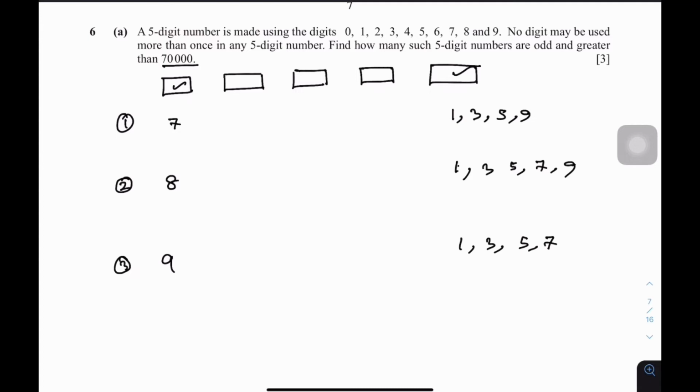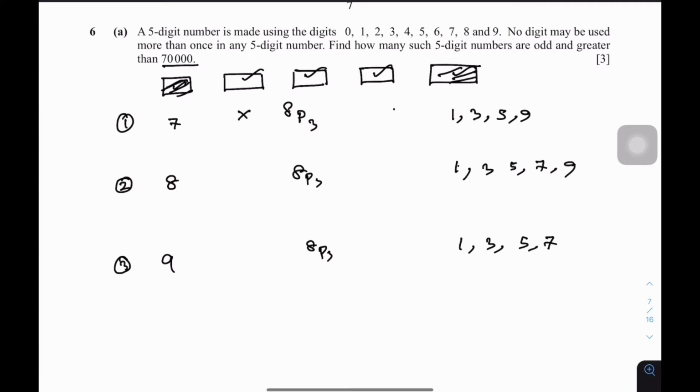Okay, so we fixed this position, we fixed that position. There are 8 more numbers. From these 8 numbers, we need to choose 3 digits. So 8P3 ways we can replace.